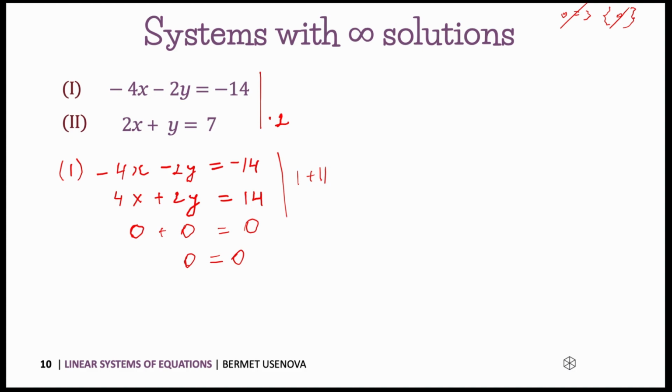It means that one of the two equations is redundant and unnecessary, and it can be removed, either the first or the second one. So we can remove one of them and solve for y. Let's take the second one since it's easier to solve for y. We don't have to do any manipulation. So we just take this one and solve it for y. So y is equal to 7 minus 2x.